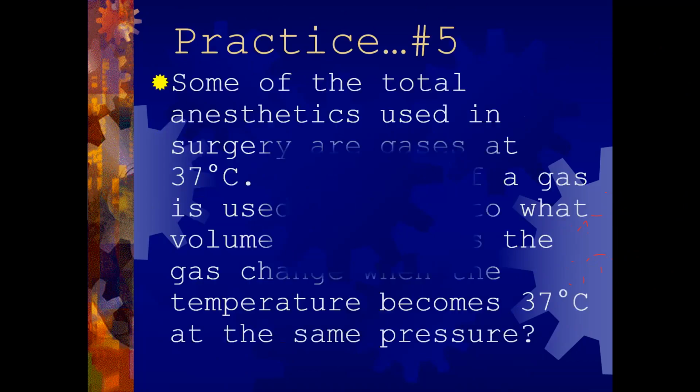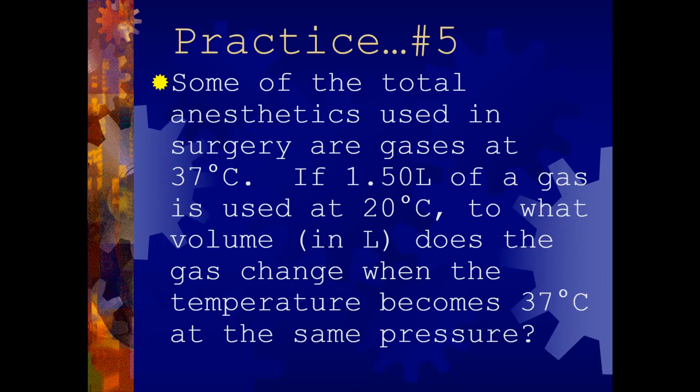Okay, so here's another one. Notice that this one is giving us a temperature. One thing that I haven't told you, but you always have to change your temperature to Kelvin because you cannot divide by 0. And sometimes that temperature may be a 0.